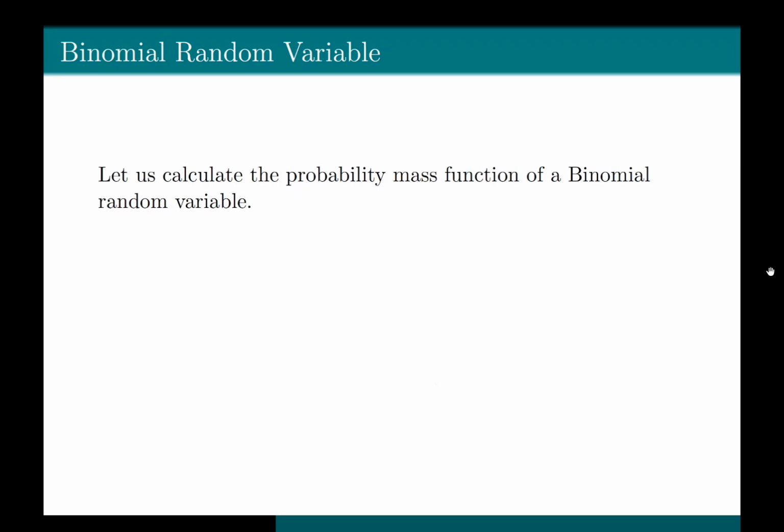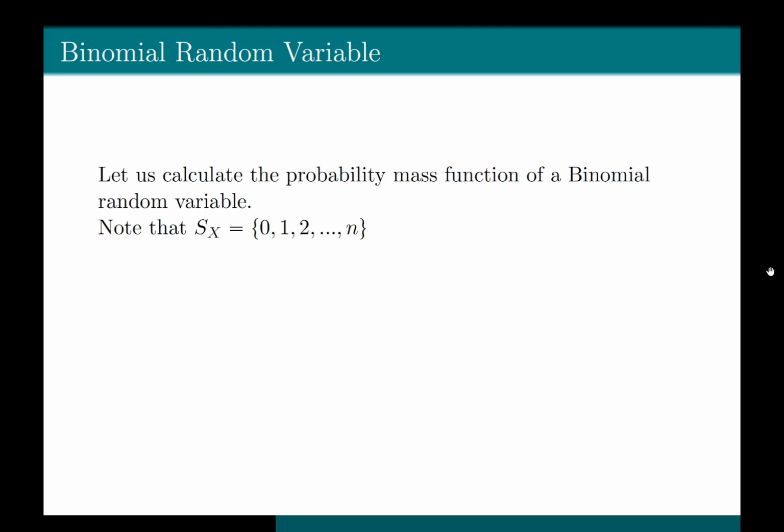Okay, let us calculate the probability mass function of this random variable X. An important thing to note is that the support of this random variable is 0, 1, 2, all the natural numbers from 0 to n. Let's say you conduct an experiment n times, and X represents the number of times you get a success.